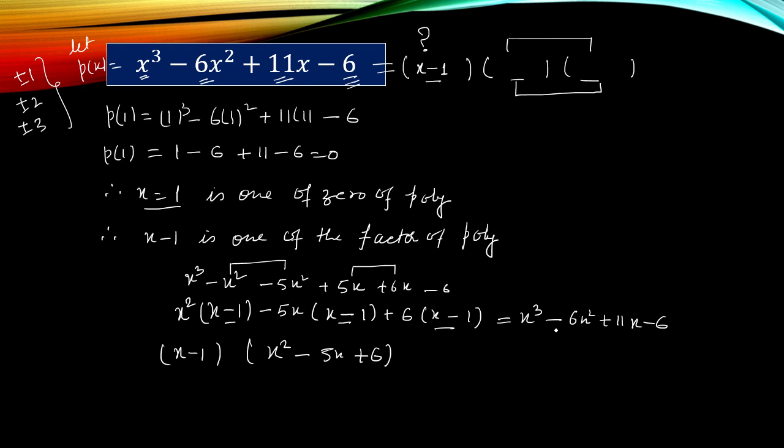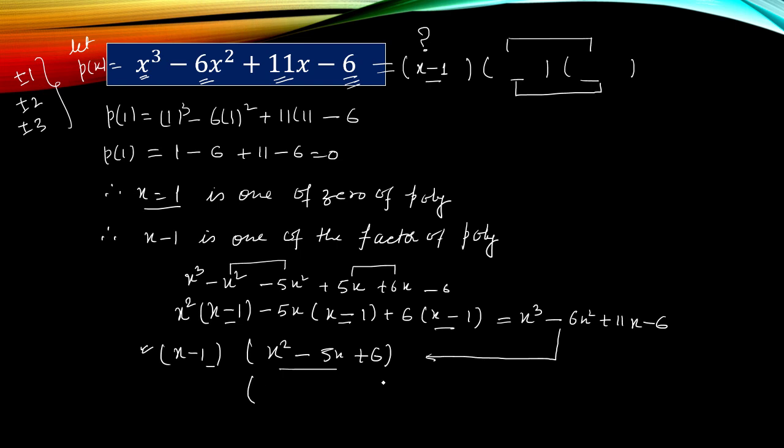And now see, the factors of this polynomial are this one and this one. This one is the first factor, and this is the product of remaining two factors. If we are going to factorize this quadratic polynomial, we will get the remaining two factors. So now how can we get the factors of this quadratic polynomial?